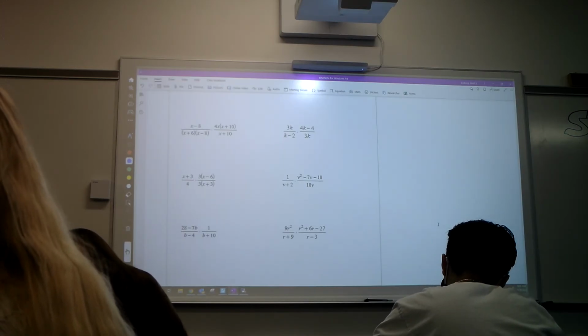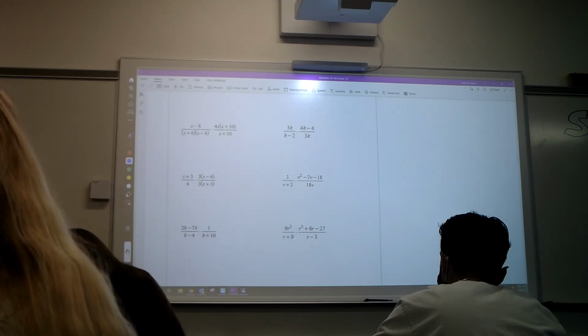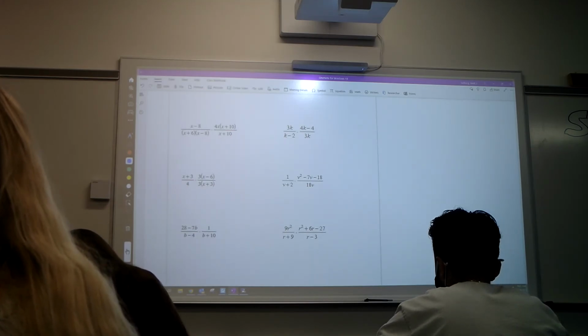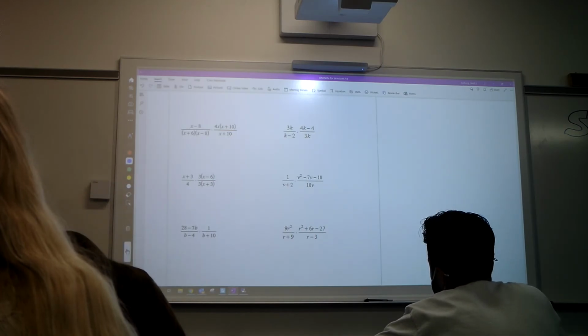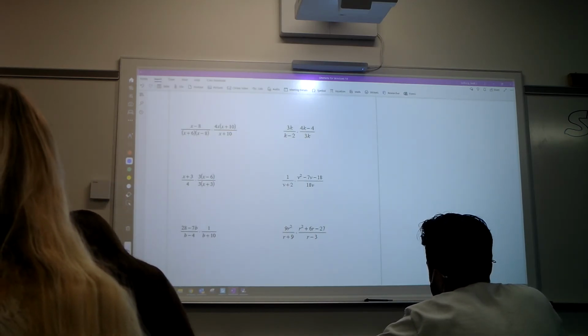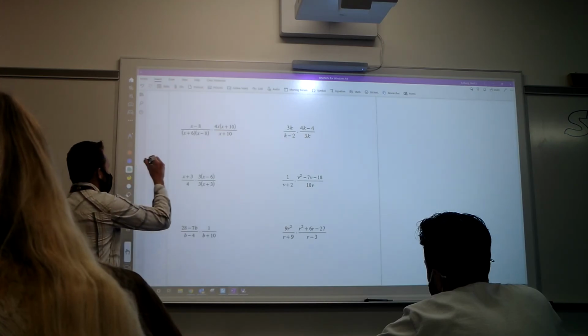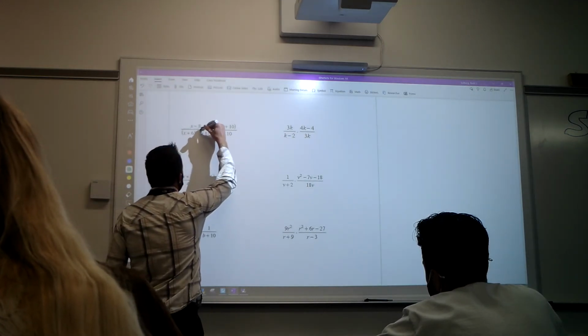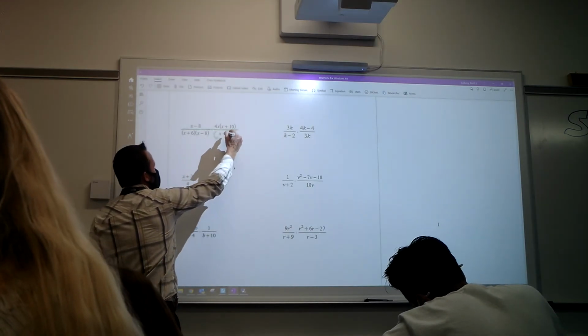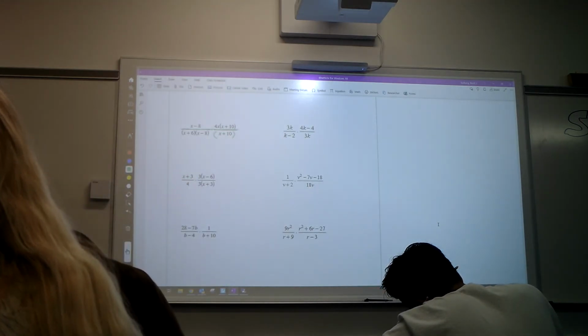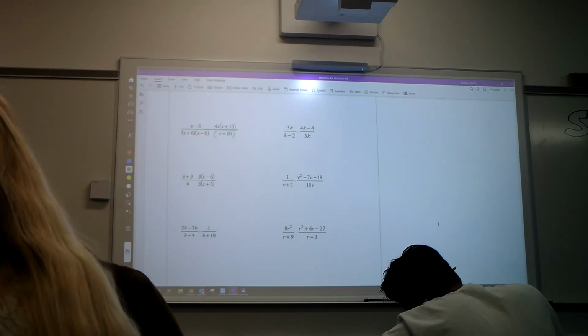Okay, so let's look at this first one here. Is it in factored form already? Did we already factor? Yes. So then all we need to do is just cross things out that are the same. So since it's already factored, I'm going to say this is just one big fraction. And I'm going to cross it off if it's the same on top, and if it's the same on bottom.